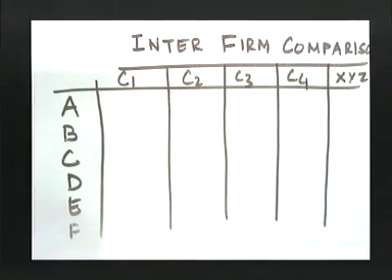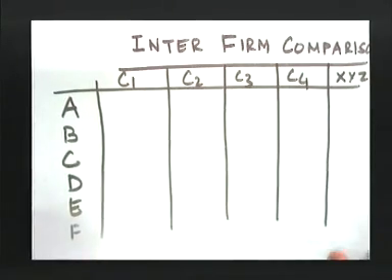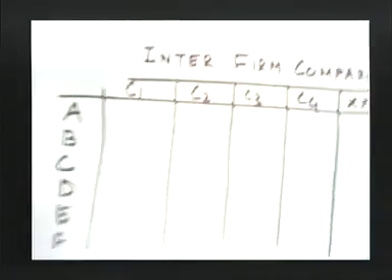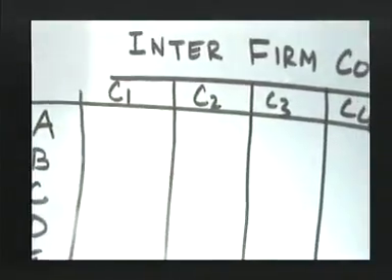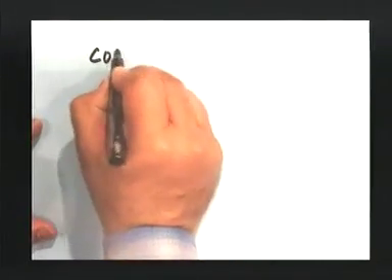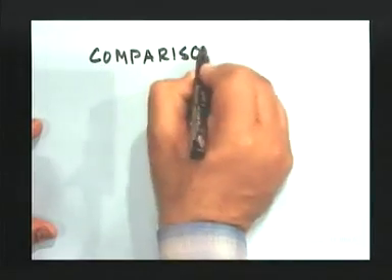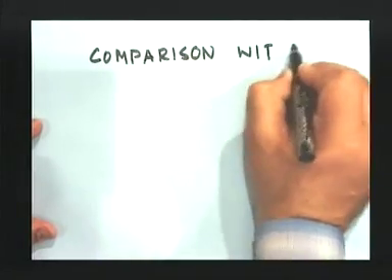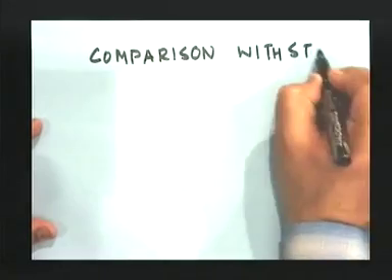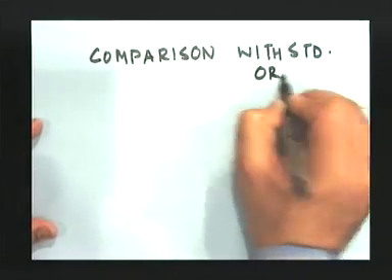Now, the third one under ratio study is a comparison with standards or plans. So, in that we try to list out different ratios, comparison with standard or planned.